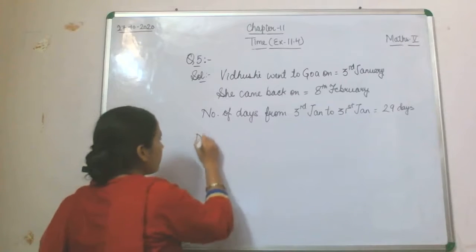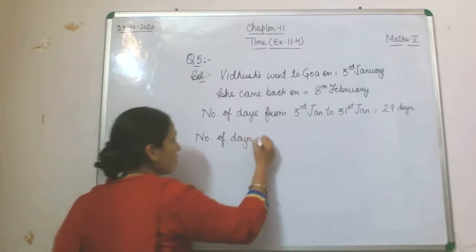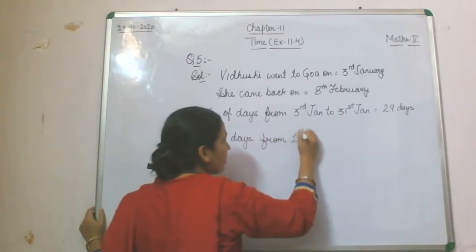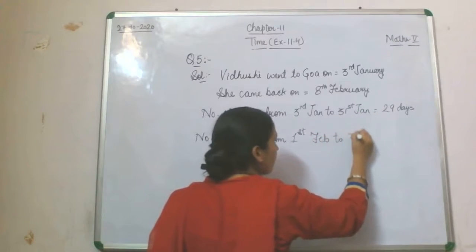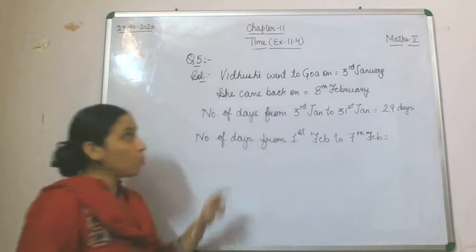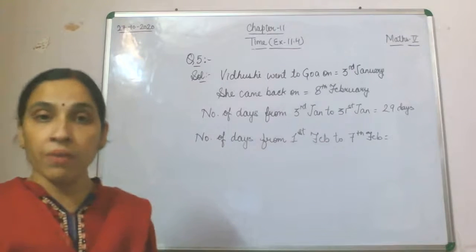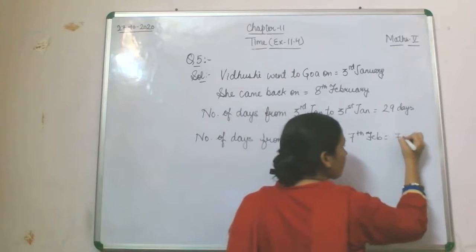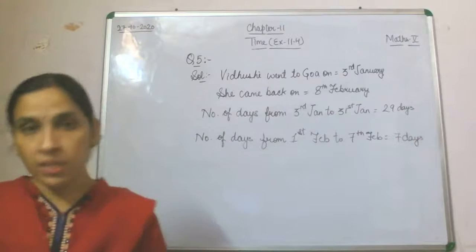Then number of days from first February to 7th February. See now here what I have written. I am not going to include that day of 8th February. The day of 8th February will not be included. Why? Might be on 8th February at what time they came. So here the duration is 7 days.